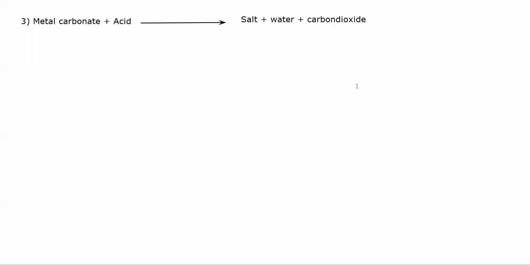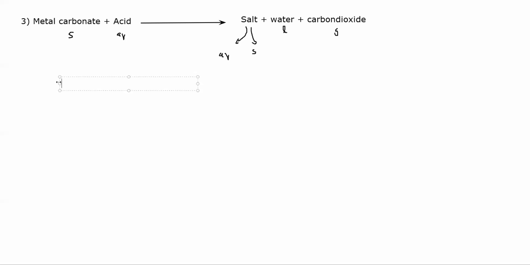So acid plus metal carbonate results in a formation of salt, water, and carbon dioxide. Metal carbonates are generally solids. Acids will be aqueous. The salt depends on which salt is produced. It can be aqueous or it can be solid depending on the salt. Water is liquid and carbon dioxide is a gas.